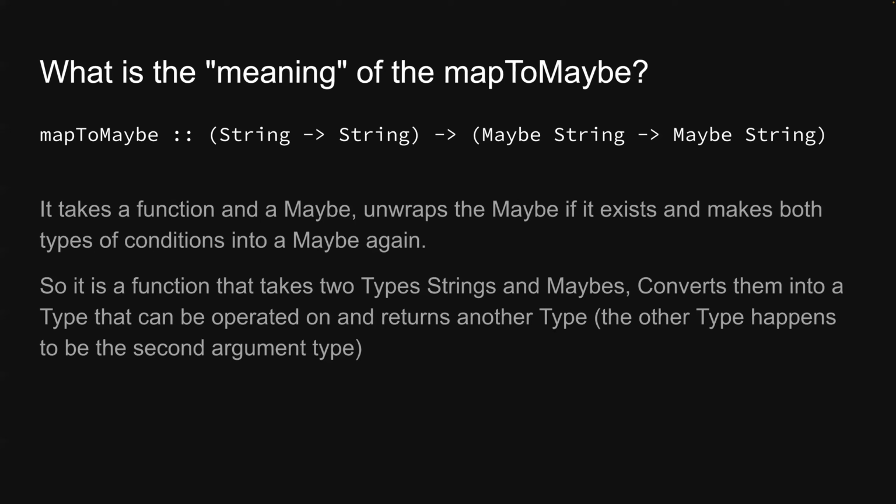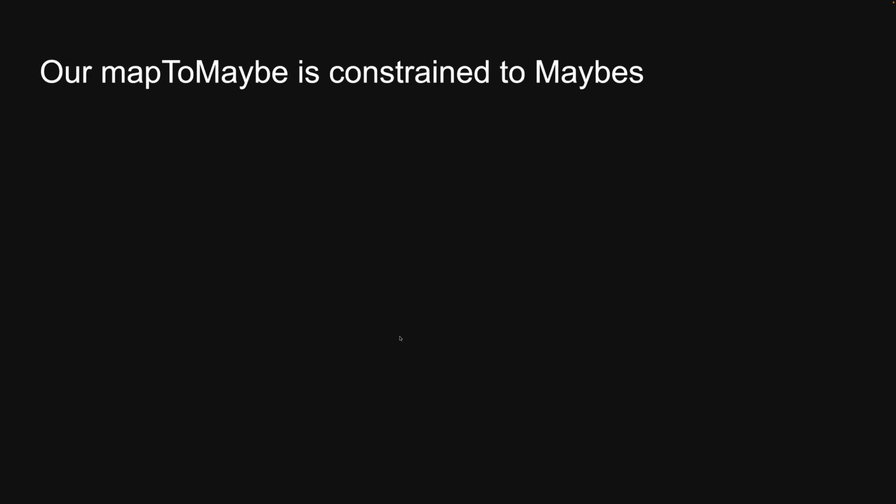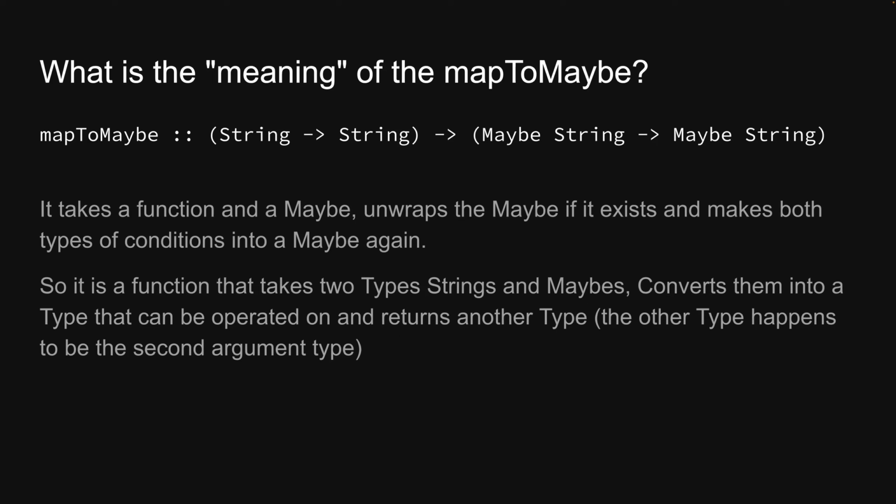And so you can only do this on things where you can apply something to the innards of two different types, or the unwrapped types. So you can only do that in some conditions, and the only problem is, in this map to maybe, we say it in the name, we can only map strings and maybe strings to maybe strings.